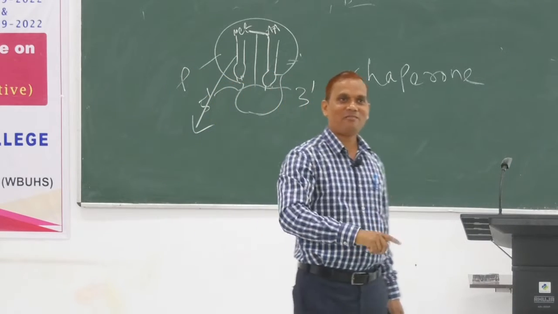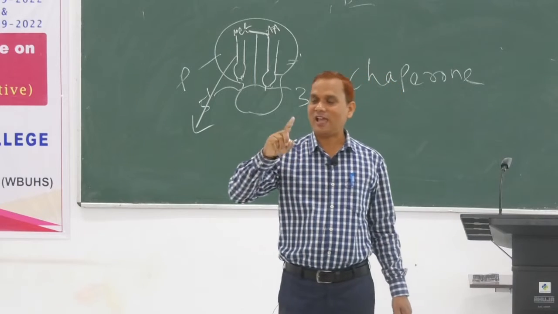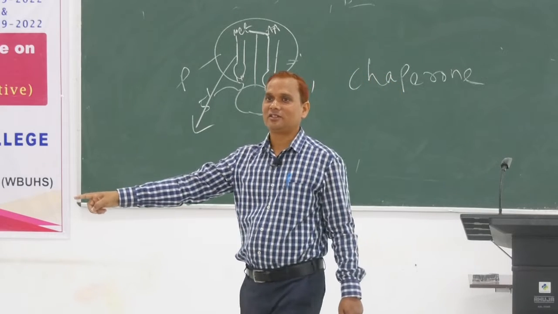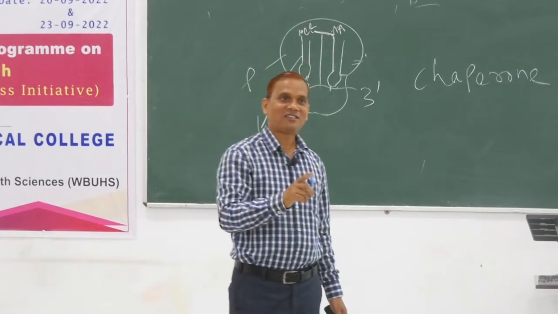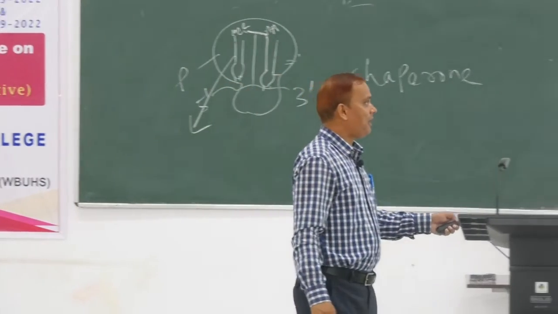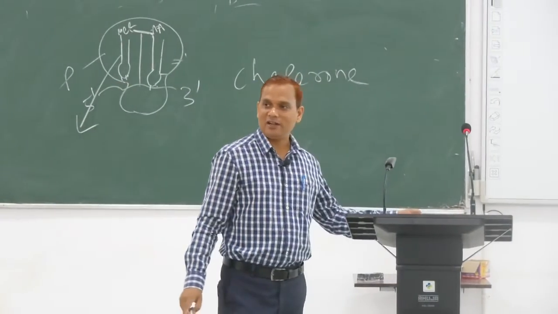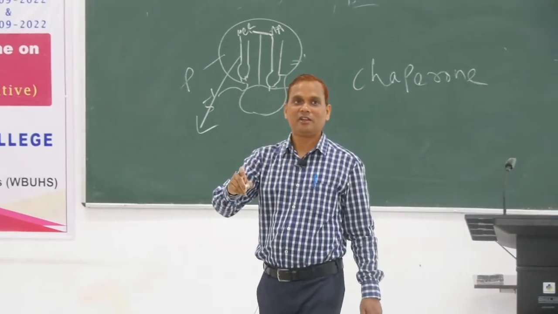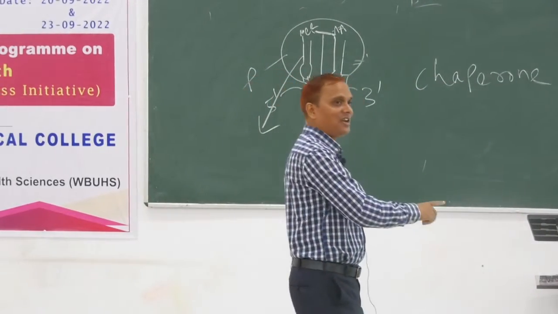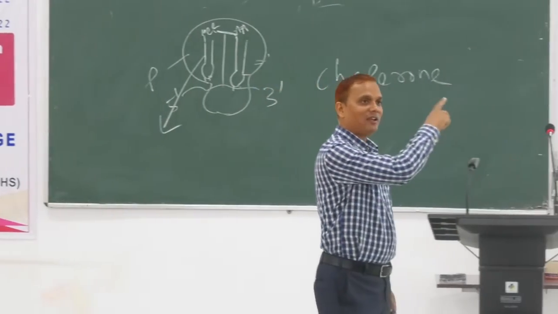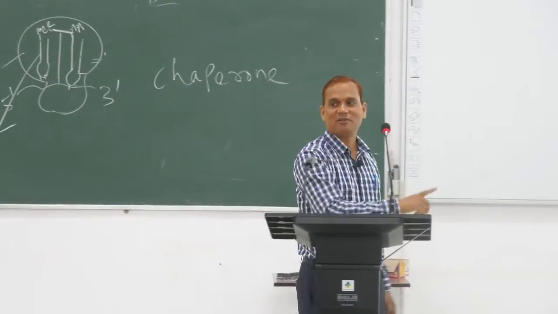Same thing, same as your HMG-CoA reductase. How will it work? Same. When it is dephosphorylated, it will be active. When it is phosphorylated by the kinase enzyme, it will be inactive.